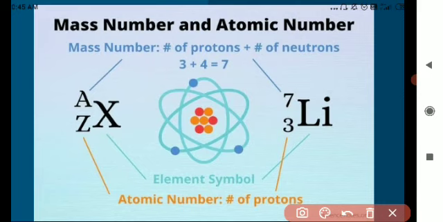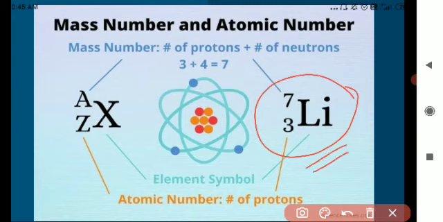Here you see one thing. If we consider this particular lithium atom, there is no charge. The first thing you have to notice is whether there is a charge or not. If there is not a single charge, that means you have to consider this as a neutral atom. Now, considering it as a neutral atom, you have to find out the number of protons.